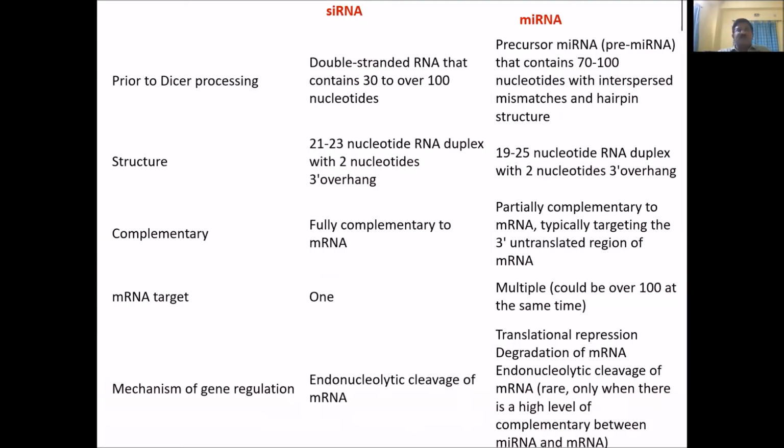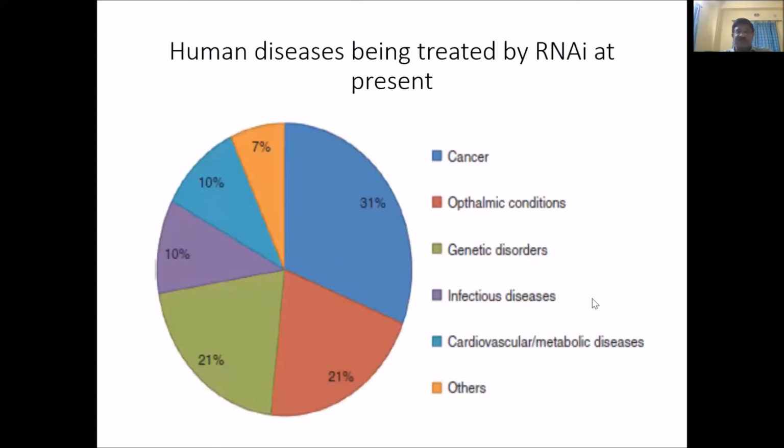Now, if we want to put them in a nutshell, then these are the differences between them. I have already mentioned them. The major point of interest is that the target of siRNA is only one mRNA, and the target of microRNAs are multiple. They can be more than 100 at the same time, so they are much more versatile.